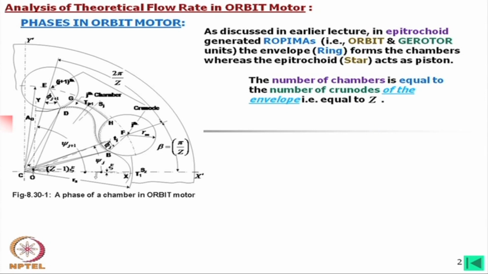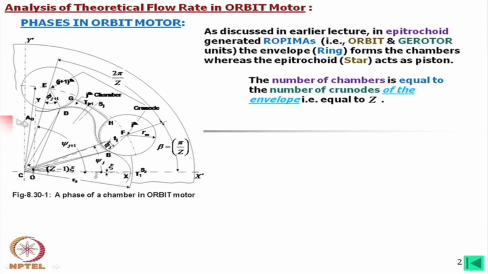It is also discussed that the number of chambers is equal to the number of chronodes of the envelope, that is equal to Z. So, the number of chambers will be equal to the number of rollers in this case, or sometimes the integral part of the envelope, whereas we know the lobes of the star will be 1 less than this.